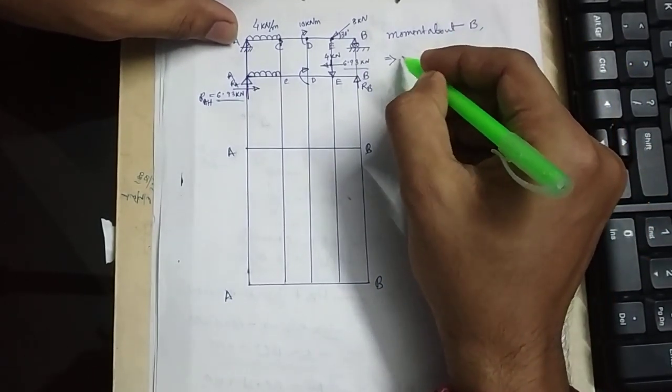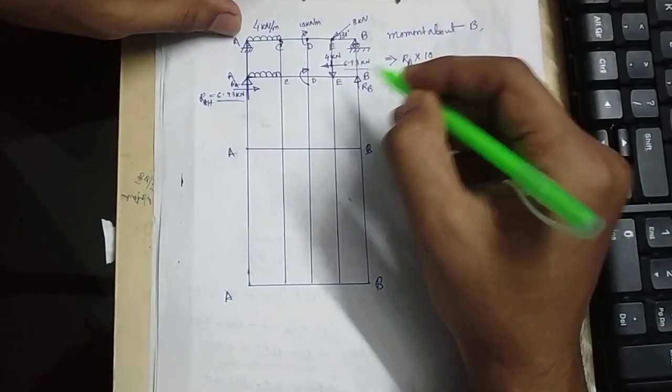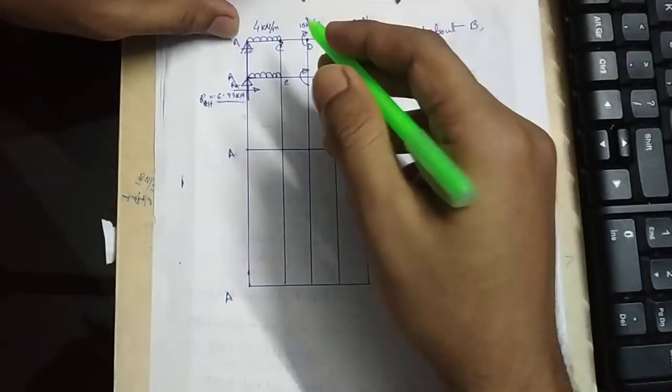Moment about B will be RA into 10, which will be clockwise.